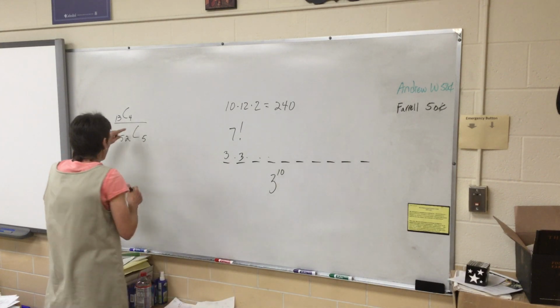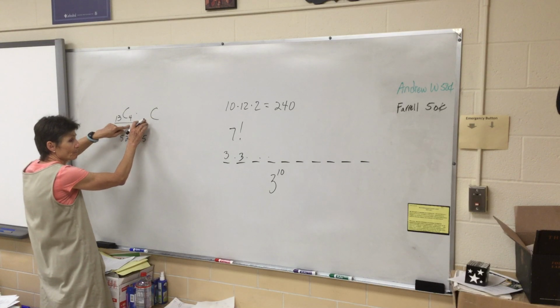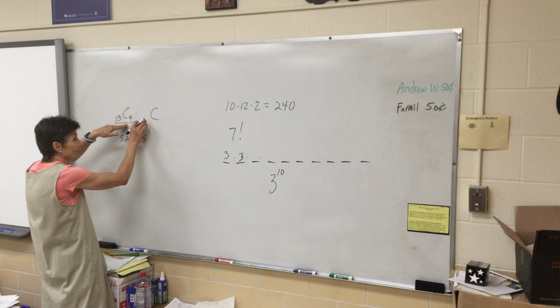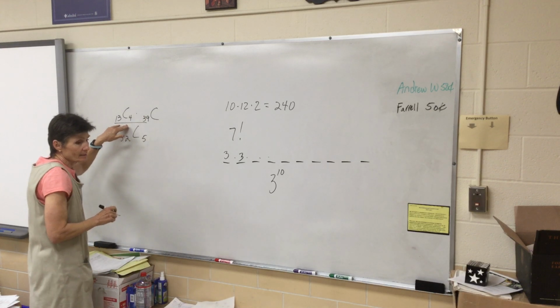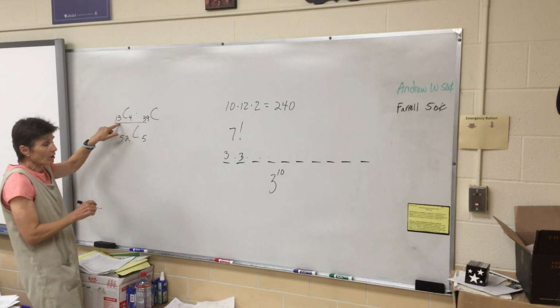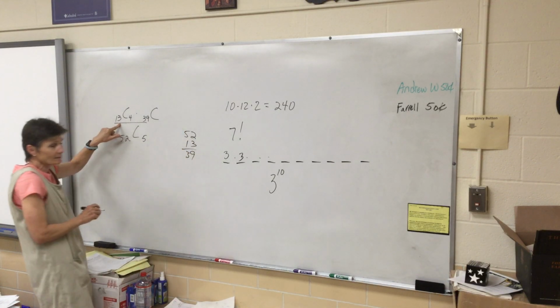So how many cards are there that aren't hearts in the deck? 39. Guys, if 13 of them are hearts and there's 52 altogether, aren't we just going to subtract?